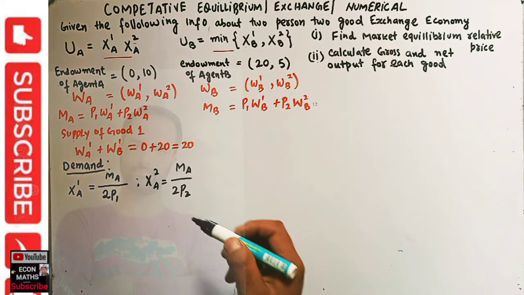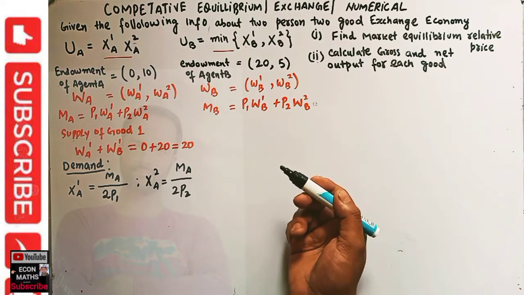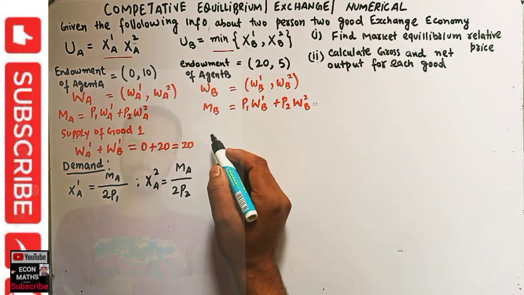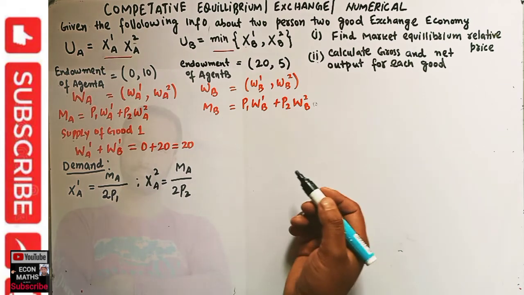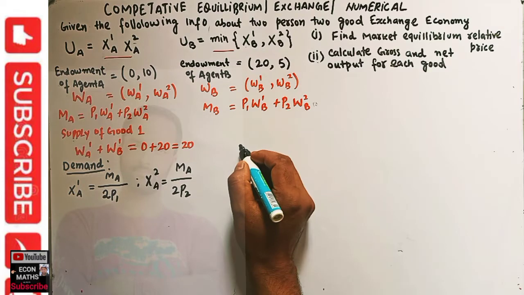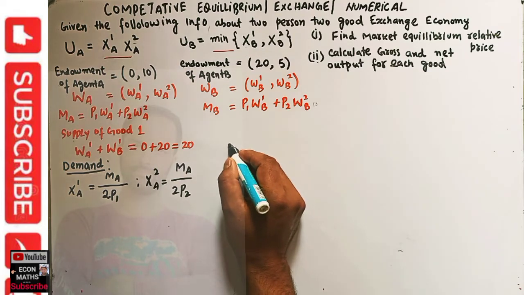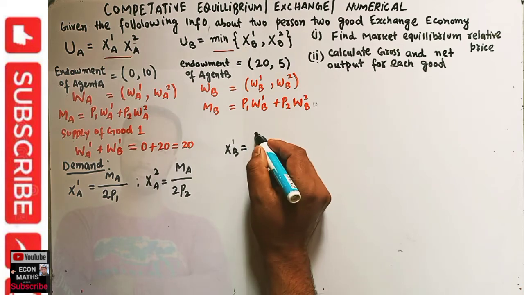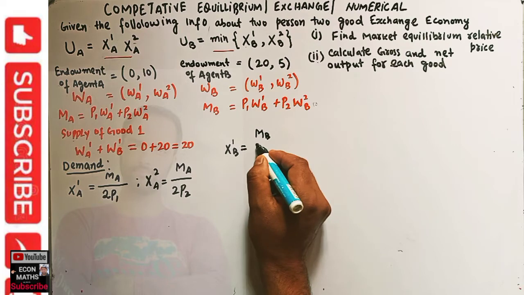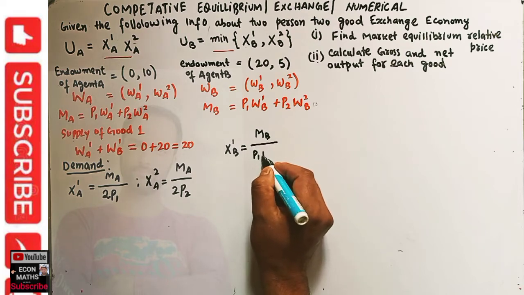Okay, what about person B? The utility function is minimum, what we call Leontief function. And what will be the demand in the case of person B? So for person B, demand x1B will be equal to total income of person B divided by P1 plus P2.